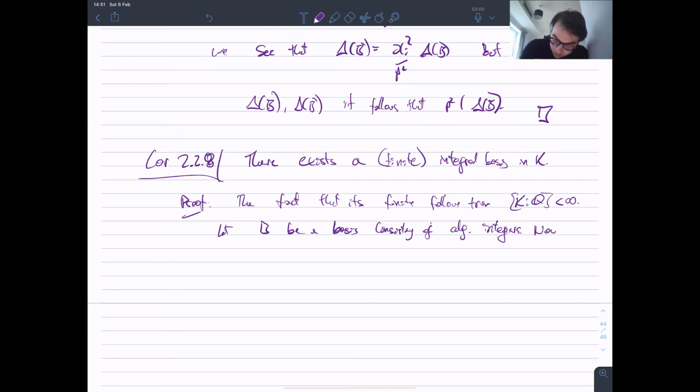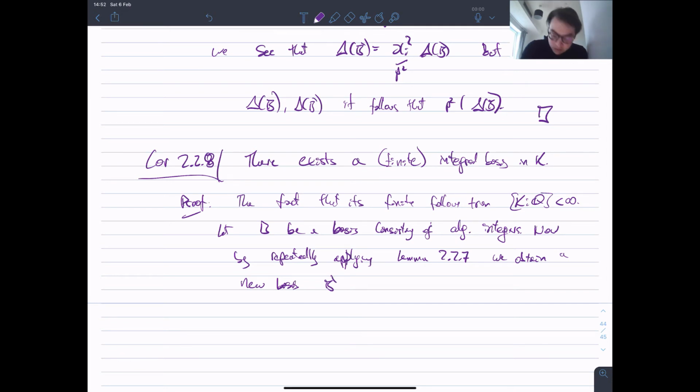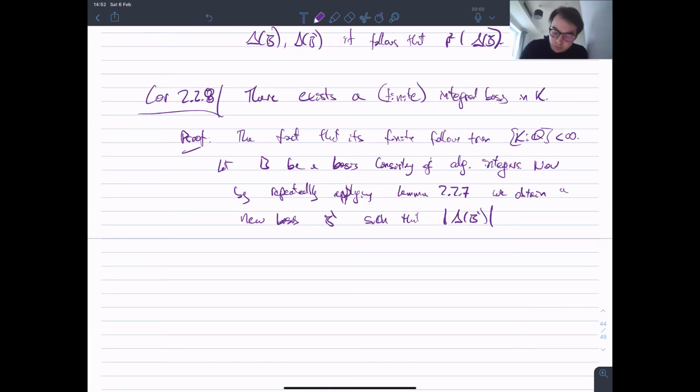Now, by repeatedly applying the previous lemma, lemma 2.2.7, we obtain a new basis, say B prime, such that the absolute value of the discriminant, which could be negative, but in absolute value, this number is as small as possible.